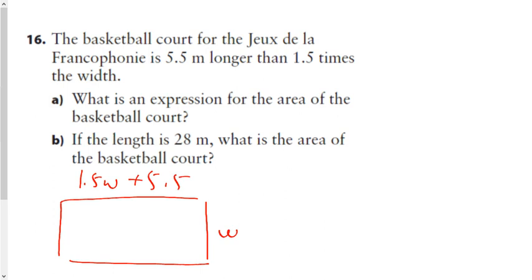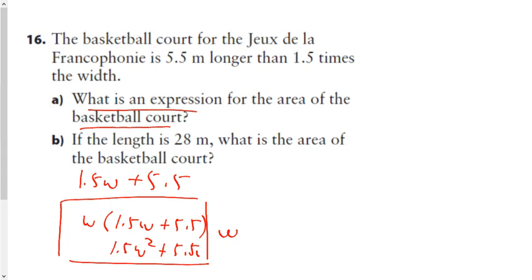So when we think about the expression that represents that basketball court, that is it. So if we fill in all the information, what is an expression for the area of the basketball court? It's going to be length times width, or 1.5 W squared plus 5.5 W. That is the area, or length times width, of the basketball court.